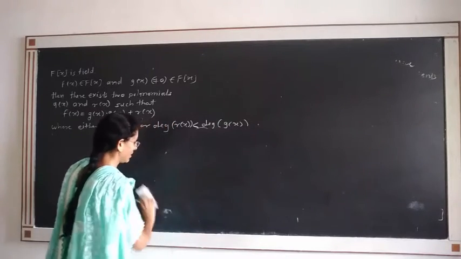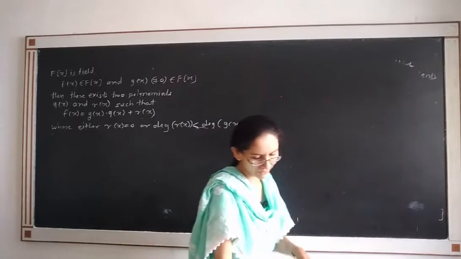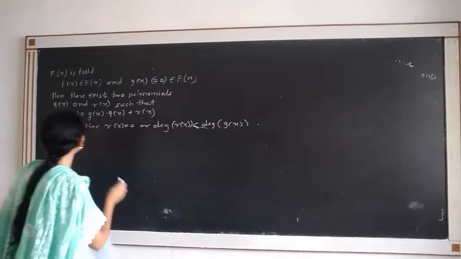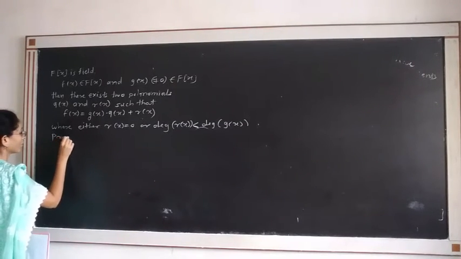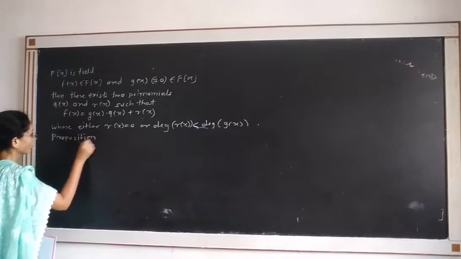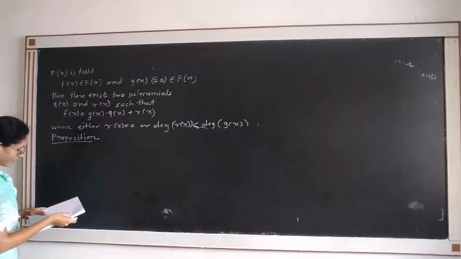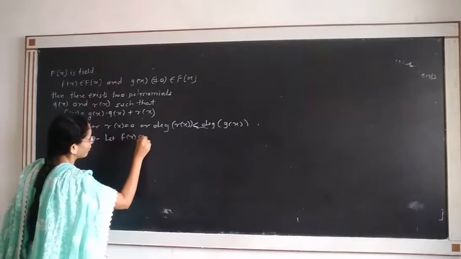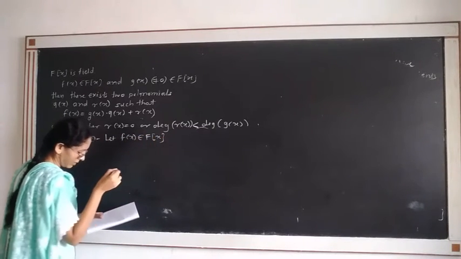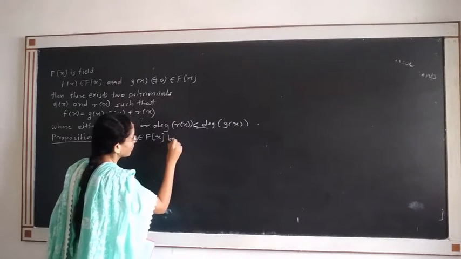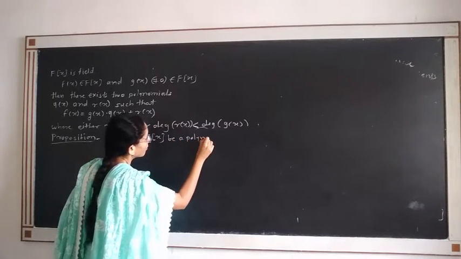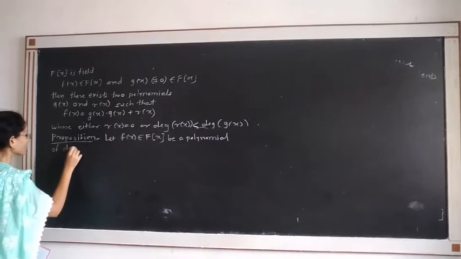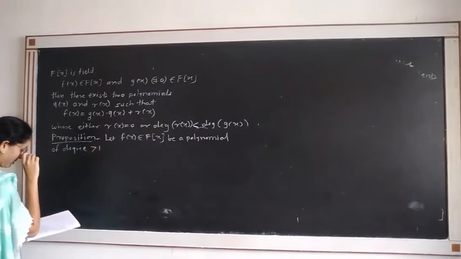Now there is one result based on this property. There is a proposition. It is given: let f(x) belonging to F[x] be a polynomial of degree strictly greater than 1.